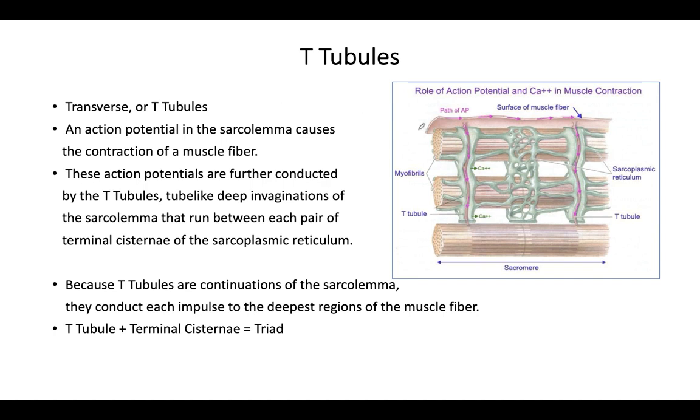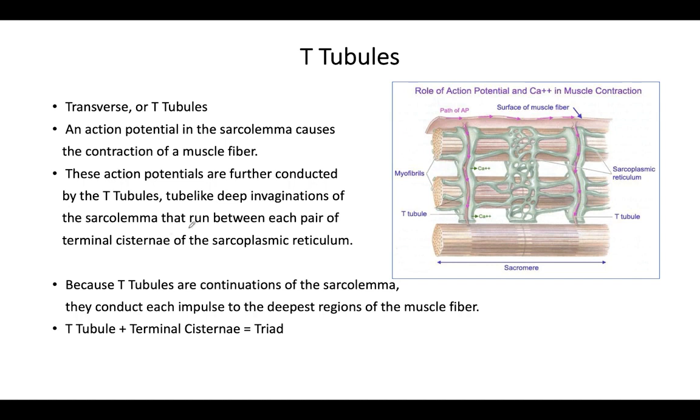Why is the T-tubule or triad important? The action potential, or nerve impulse, in the sarcolemma causes the contraction of a muscle fiber. These nerve signals are further conducted by the T-tubule. The T-tubule looks like a tube and is a deep invagination of the sarcolemma.